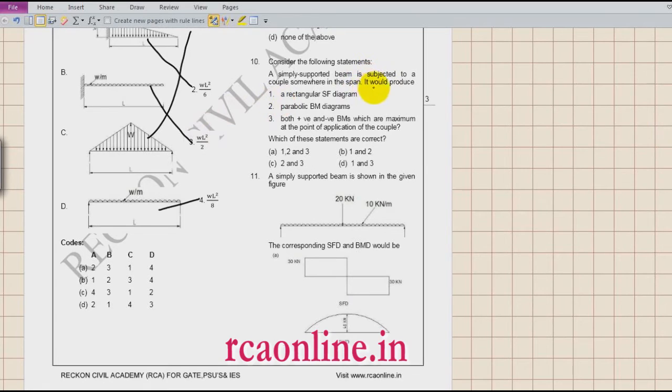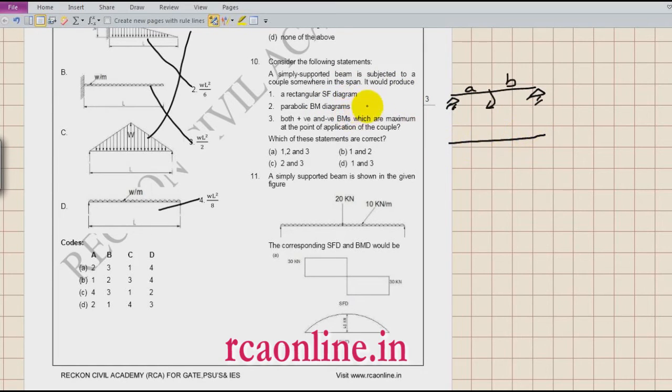A simply supported beam is subjected to a couple somewhere in the span. So the beam is simply supported with a couple. Okay, somewhere in the span. Let us say this is A, this is B. It will produce what? A rectangular shear force. Is it okay?